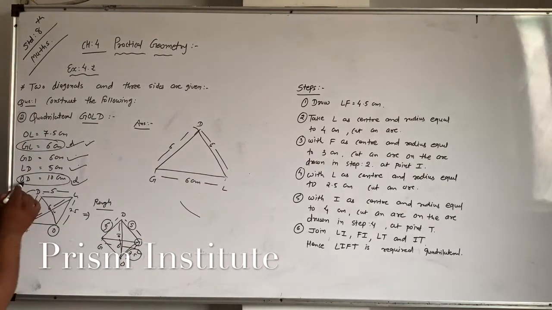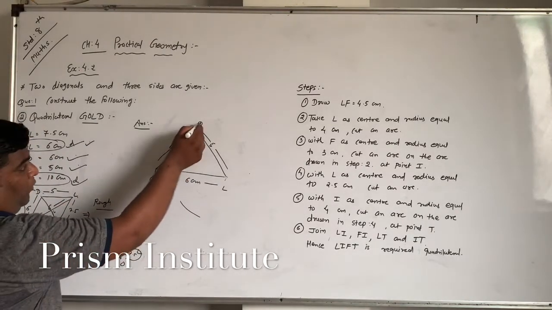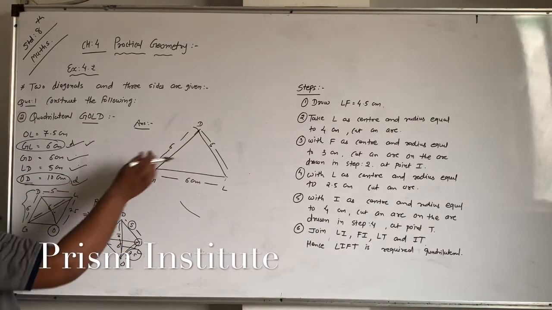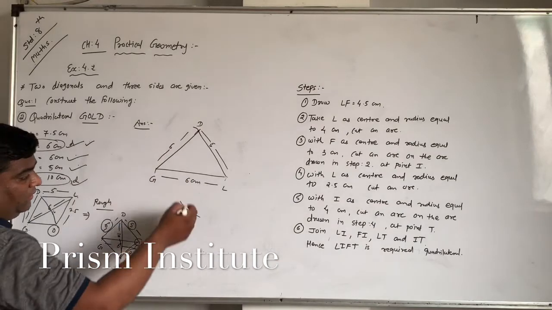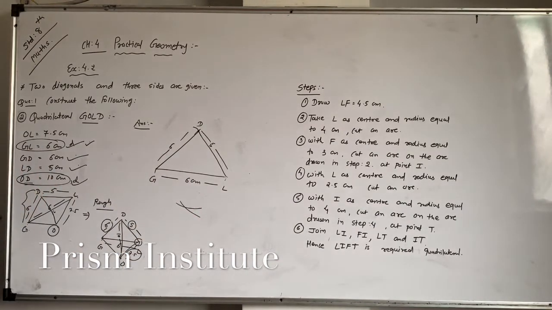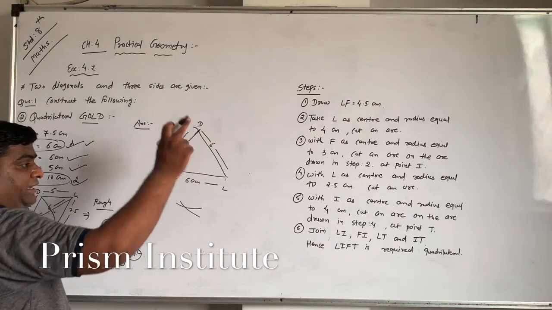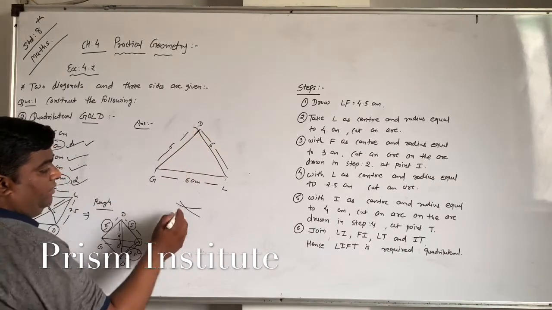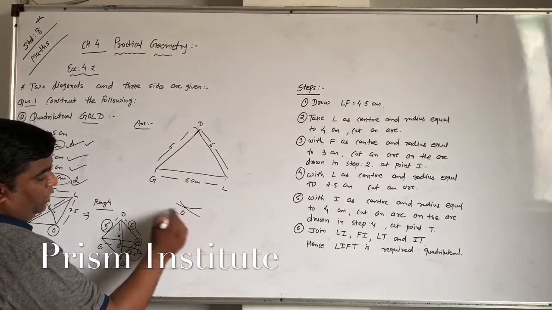Now another one, that is OD. So from point D, take the measurement 10 centimeter in the scale and draw the arc from here. So suppose that is your intersecting point. Okay, take D as a center and 10 centimeter radius and draw the arc, from here to here. So that point is your O point.